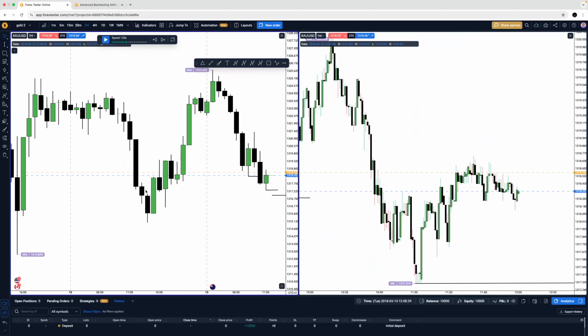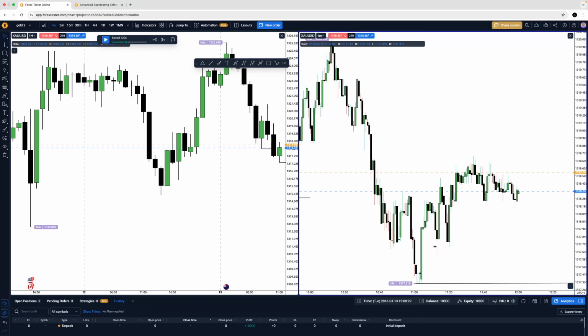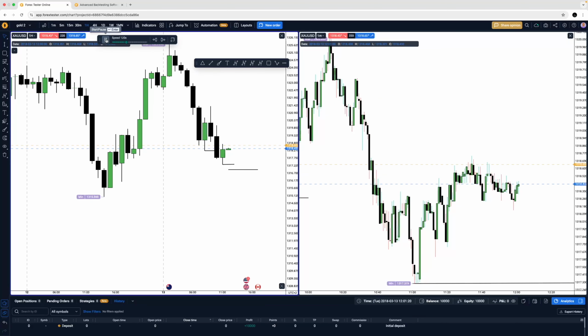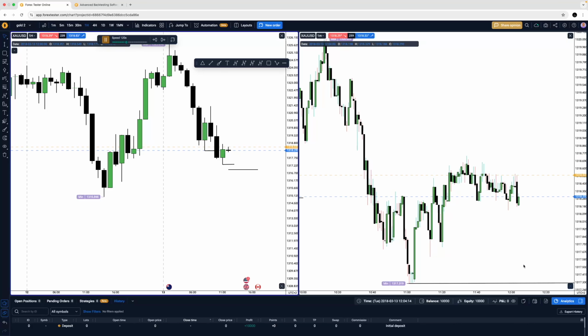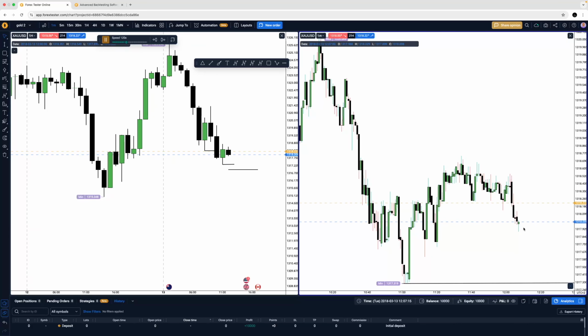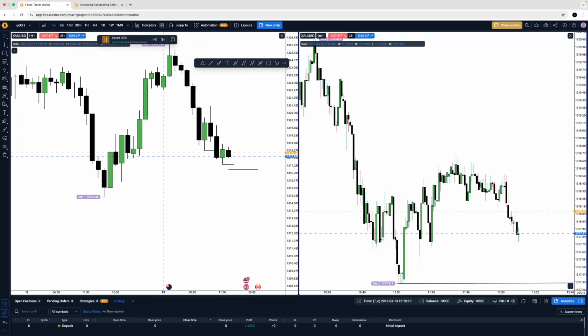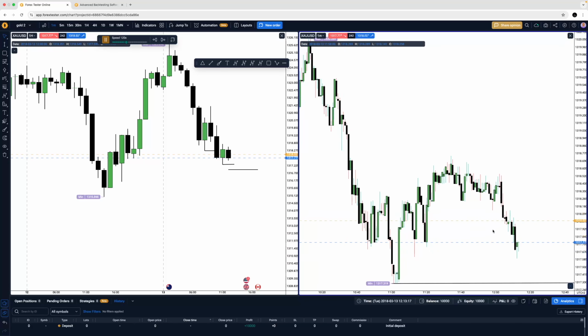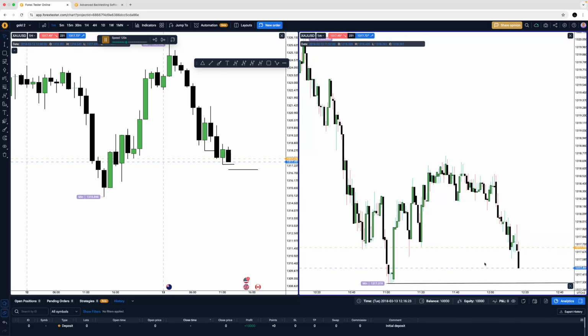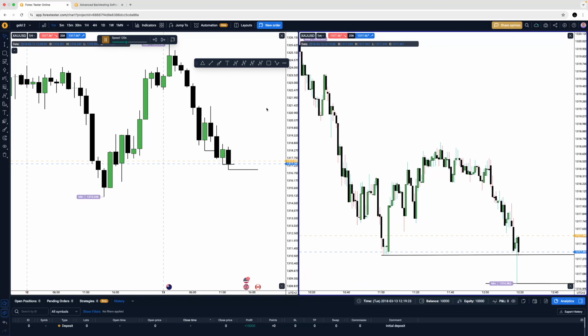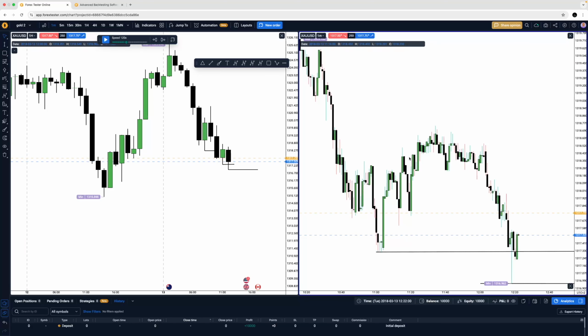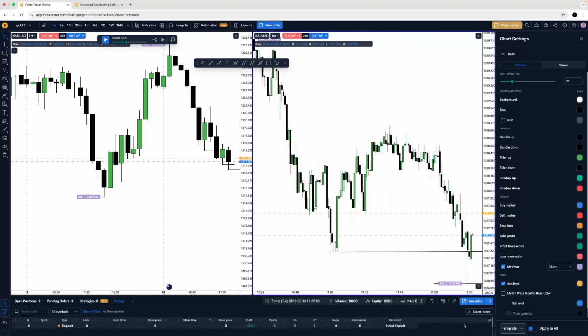Because we are on the 1 hour, let's do the double layout here. We have this low, so let's play it out and see how price behaved before it broke this low. You can see that we have a huge candlestick. We have the first rejection around this area, but unfortunately you'll be stopped out immediately. And then here is the kicker. We have another rejection here, and another rejection right there.